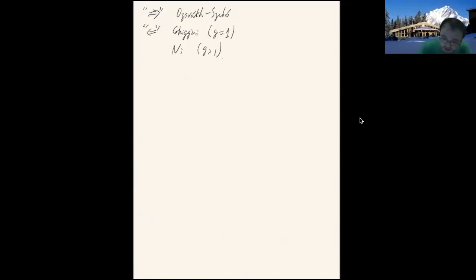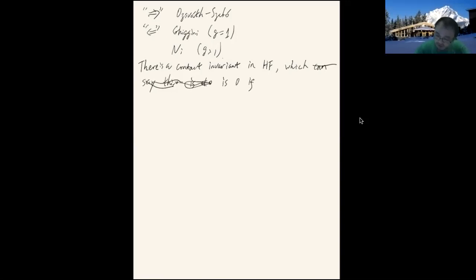Okay, and another thing is, in Heegaard Floer homology there is a contact invariant, which is non-trivial for tight contact structures and trivial if the contact structure is overtwisted. So you can also use Heegaard Floer homology to say something about a tight contact structure.